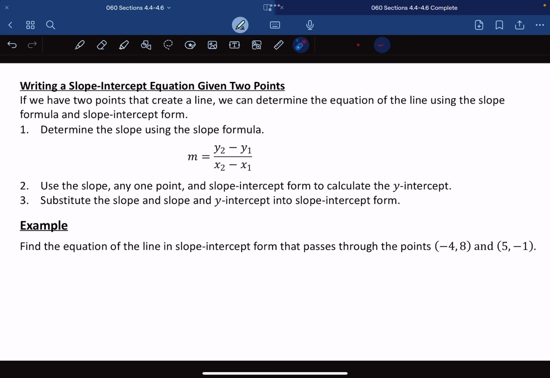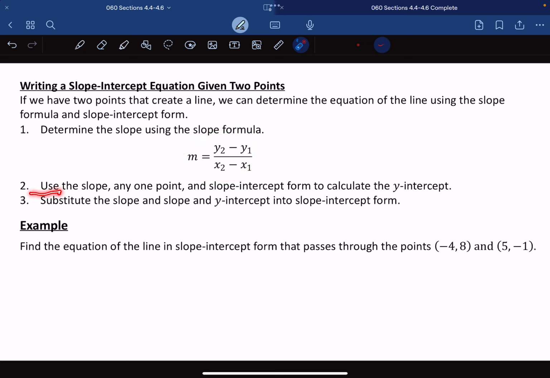So earlier, we found how to use the slope formula to find slope. So we know how to do that, which is our first step: to determine the slope for our equation.